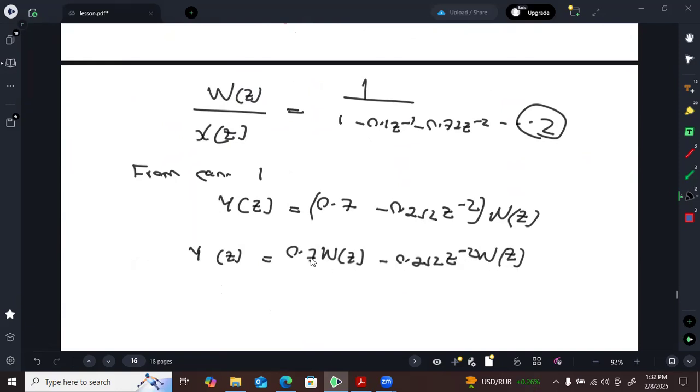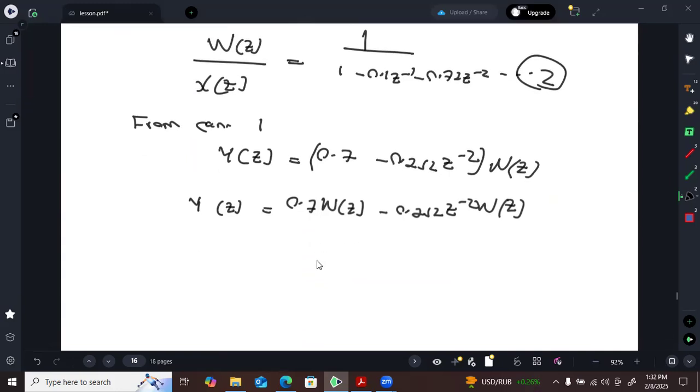And in the time domain, I want to come back to the time domain. We'll have y of n equal to 0.7 wn minus 0.252 yn minus wn minus 2.